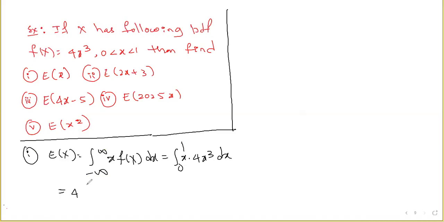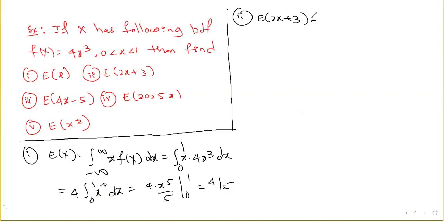I will take 4 outside, integration 0 to 1, x power 1 into x power 3; the bases are same, so powers must be added, that is x power 4 dx. So this is 4 x power 5 divided by 5, from 0 to 1. So this is 4 by 5, the expected value of x.